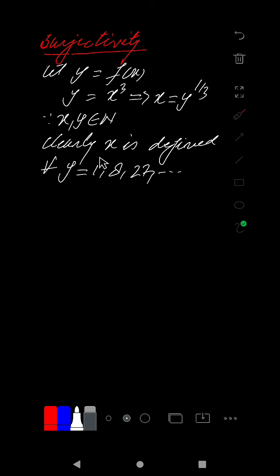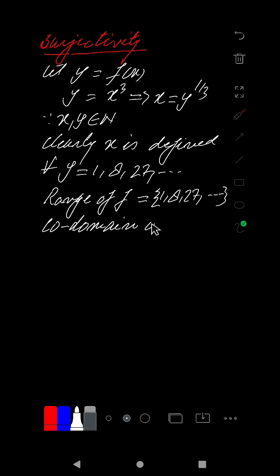That is, x is defined for those values of y which are cubes of natural numbers. So range of f is equal to {1, 8, 27, and so on}. But codomain of f is equal to the set of natural numbers.